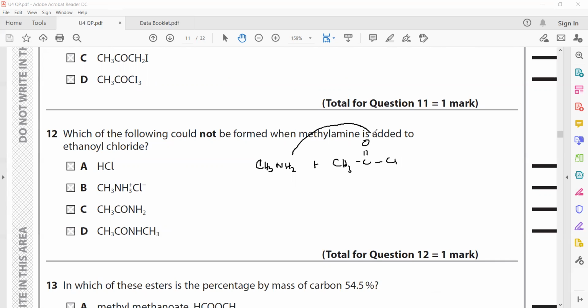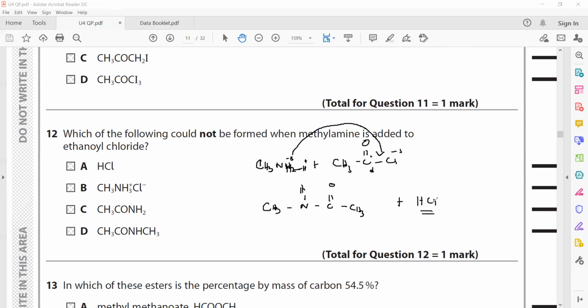A hydrogen is replaced, because this is partial negative and partial positive. In the NH2 group, N is partial negative and one of the hydrogens is partial positive. So negative will replace negative or positive will replace positive. It will form CH3NH C double bonded with O, CH3, plus HCl.